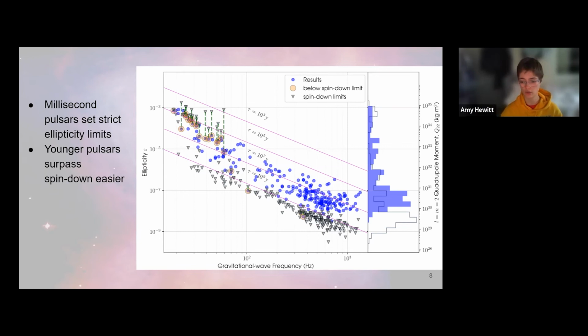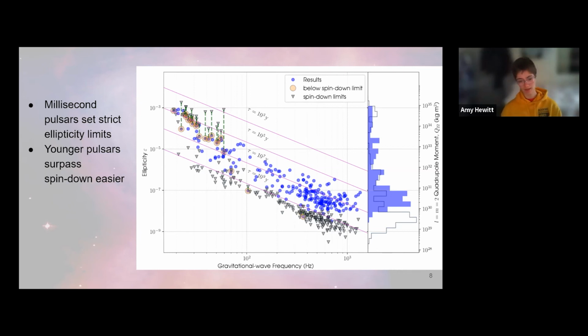There are 2 pulsars in this analysis which are millisecond pulsars which surpass their spin down limits. And this is exciting because the faster the pulsar spins, the smaller the mountain needs to be in order for us to be able to detect it. So millisecond pulsars surpassing their spin down limit allow us to place more stringent constraints on the ellipticity than their younger counterparts.